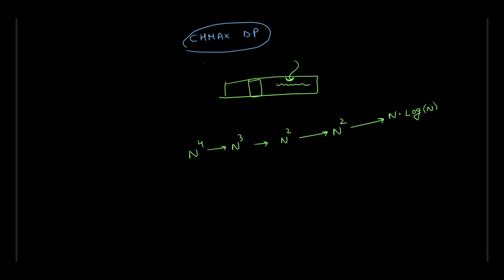However, even if you did not understand a thing about chmax range updates dp, this chmax dp can also be solved. The general version of the chmax dp can also be solved using something known as a heap sweep. So that is the last part of the video that we will discuss, where we'll talk about the heap sweep algorithm and why you actually don't need a lazy segment tree to do chmax range updates.